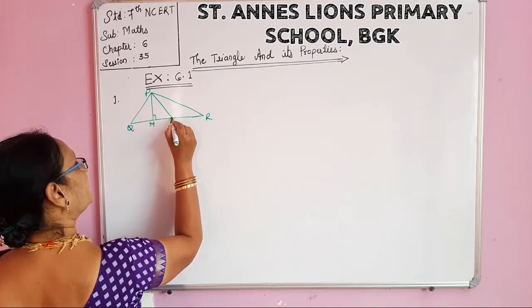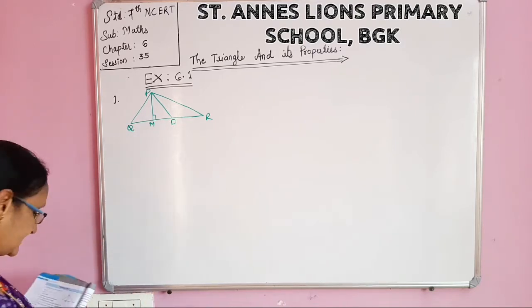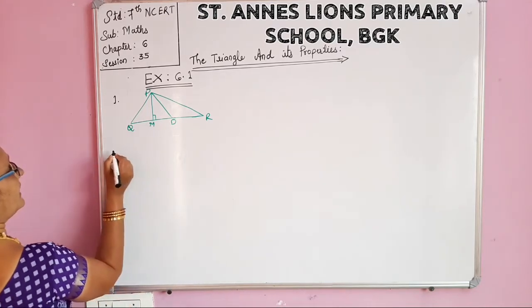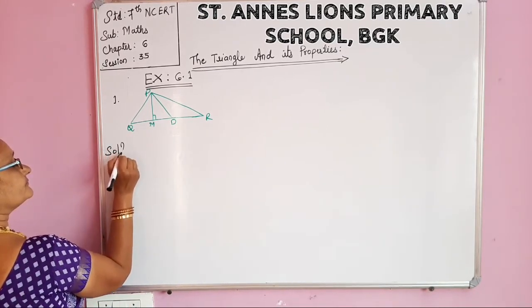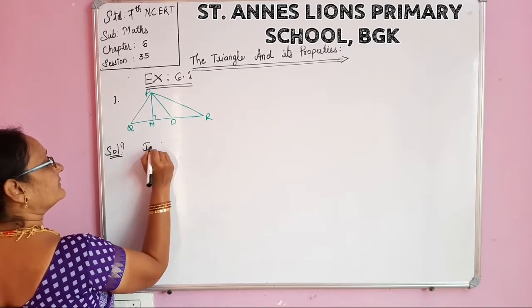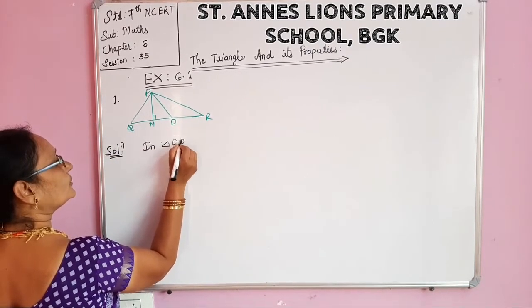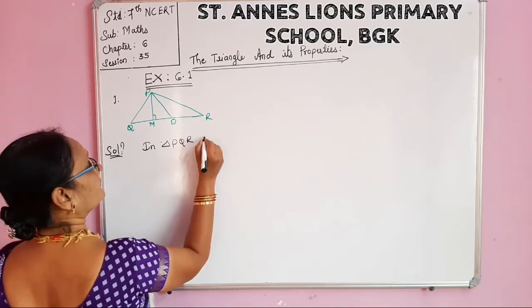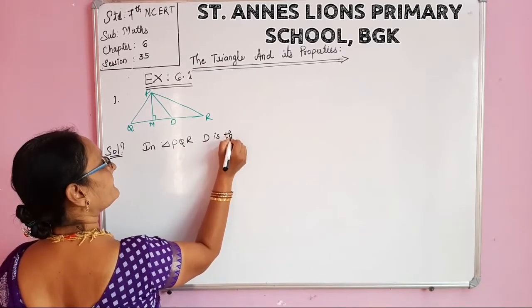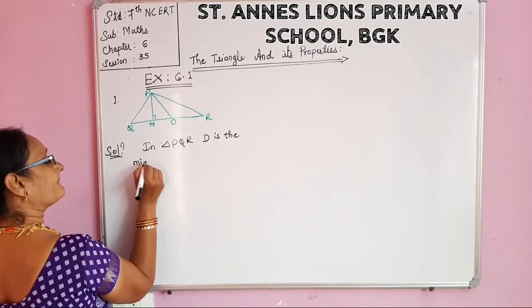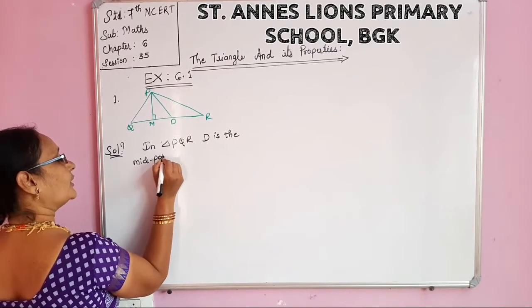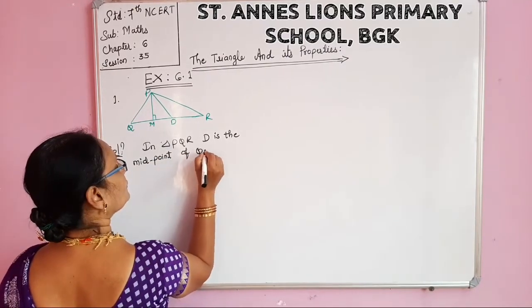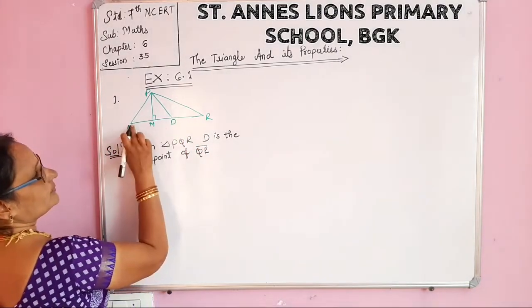And PD. Here now you have to answer. Fill in the blanks are there, that you have to write. In triangle PQR, D is the midpoint of QR.